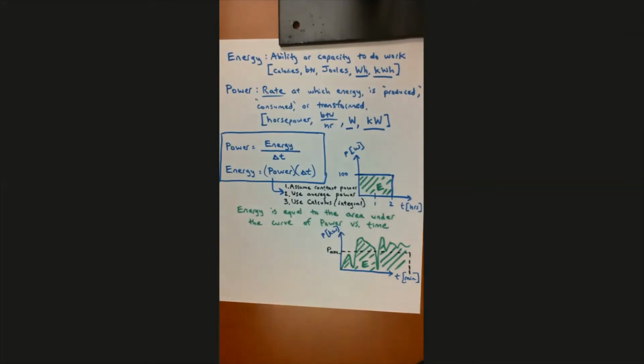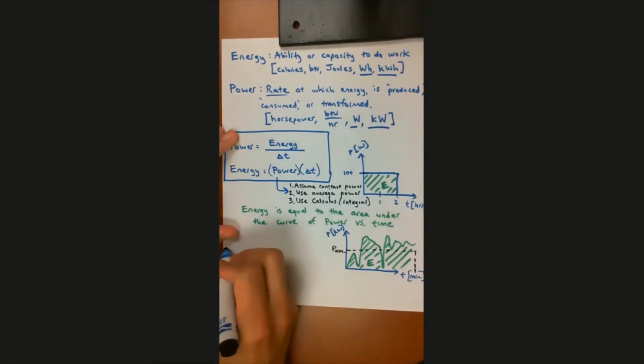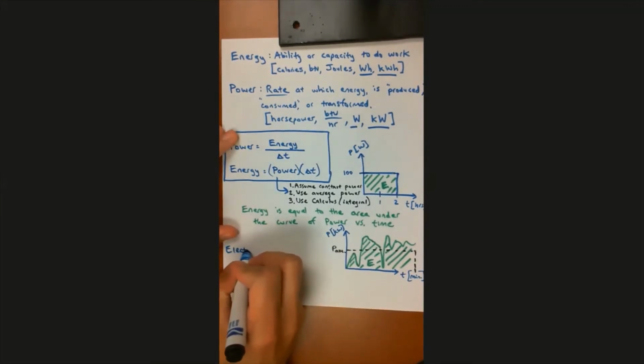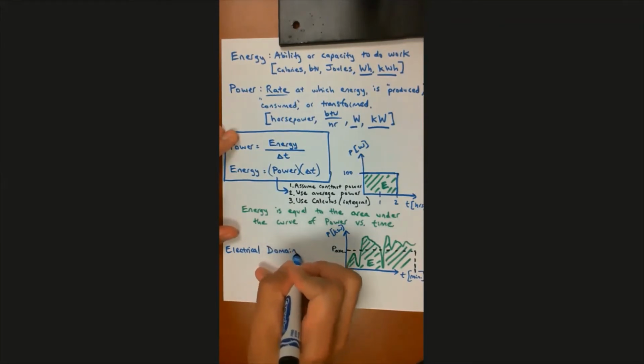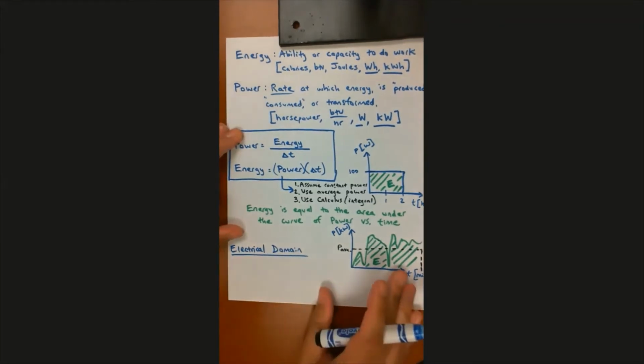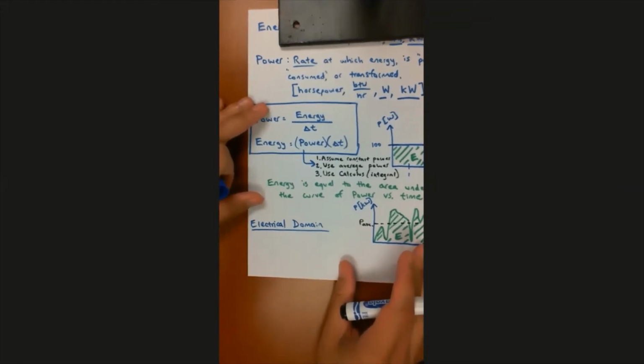All right, so this is in general terms. It's all true in the electrical domain, but it's not necessarily specific to the electrical domain. But to make it specific to the electrical domain, we have an equation that I'm pretty sure you've seen before.